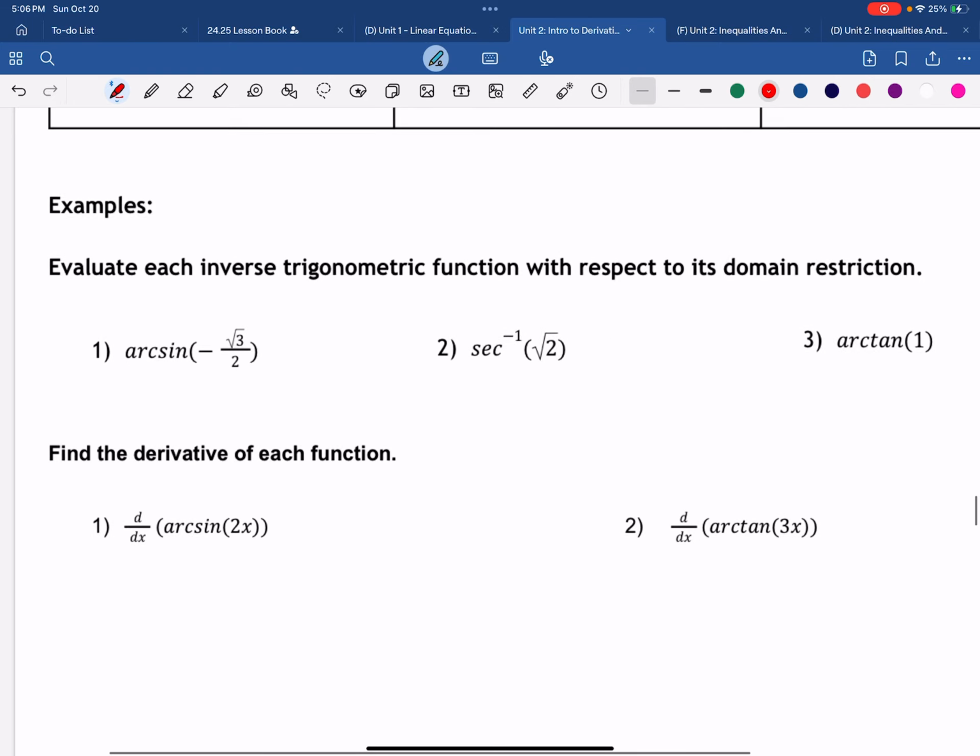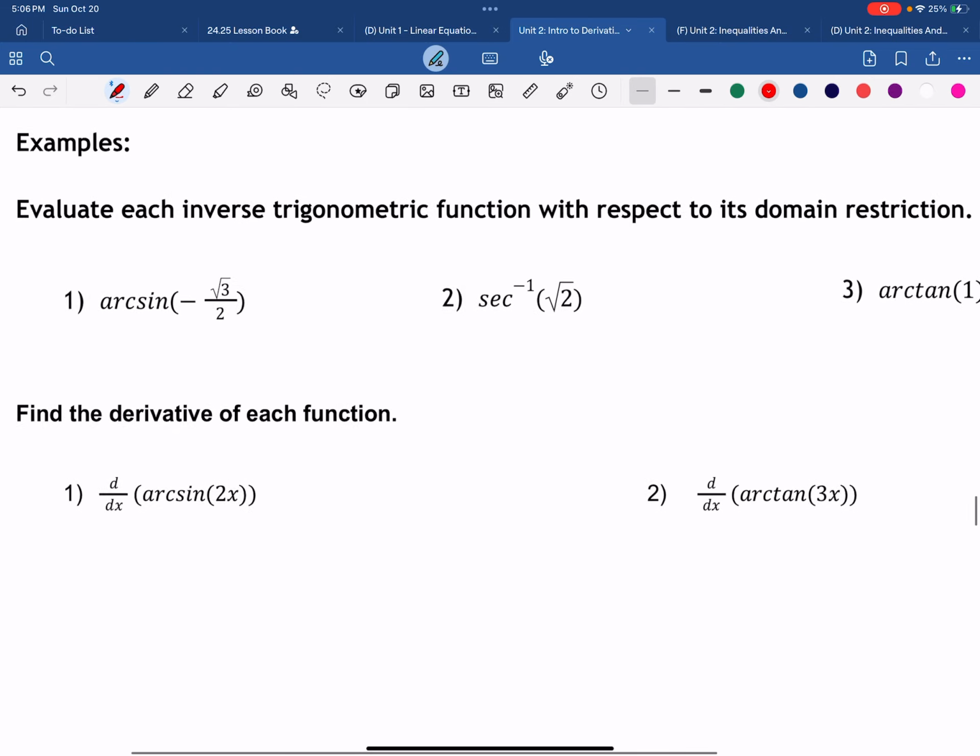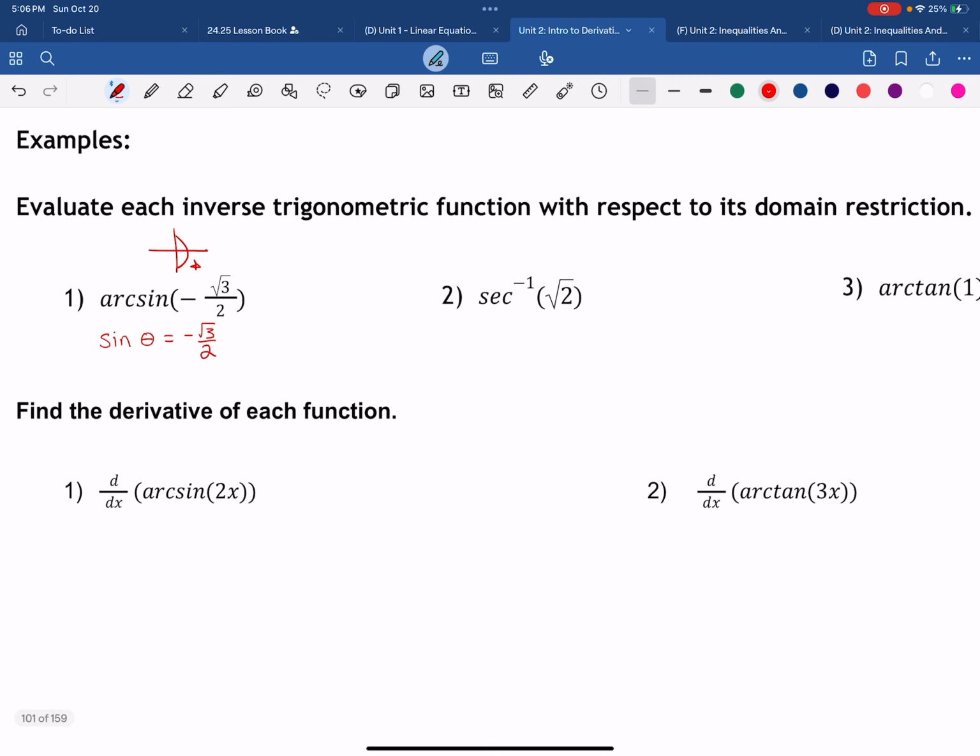All right, so let's do a quick refresher. If I'm looking for arc sine of negative root 3 over 2, that means I'm looking for what theta will give me negative root 3 over 2, and it has to live between these two quadrants. So I know it's going to be a negative value because it is going to be in my fourth quadrant, and sine is negative there.